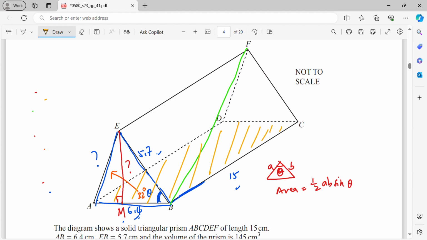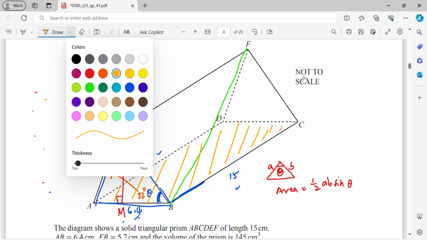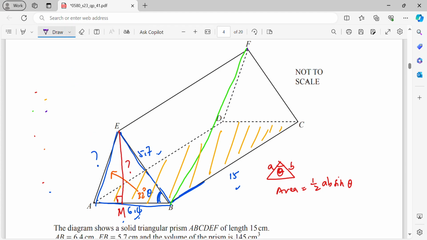From here, you should connect this F down to the plane ABCD. After that, it will be connected to B because it starts with B. So this is your angle. You should connect like this, again drawing using a ruler to get a straight line.